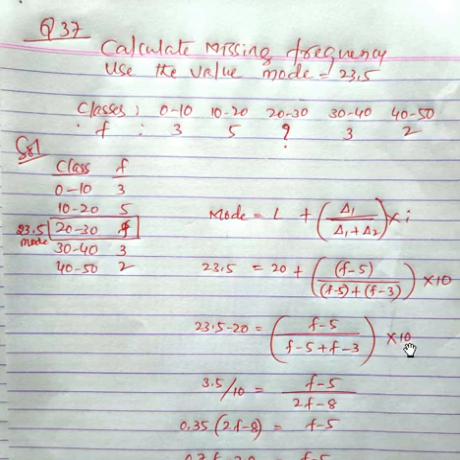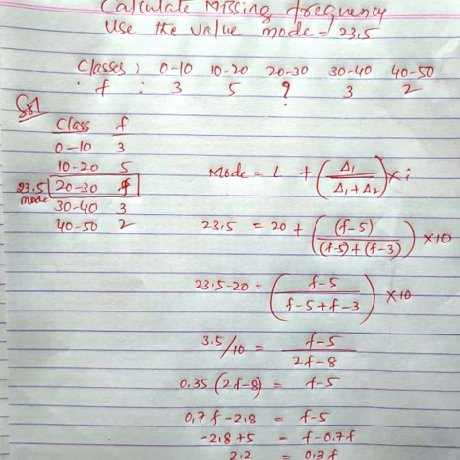Then 10 is the same. Shift the multiplication by 10 to the left hand side, and we get 3.5 divided by 10. Then what is left here is F minus 5 as it is. So here is 1F, then here also 1F, plus F is 2F, minus 5 and minus 3 is minus 8, total minus 8.